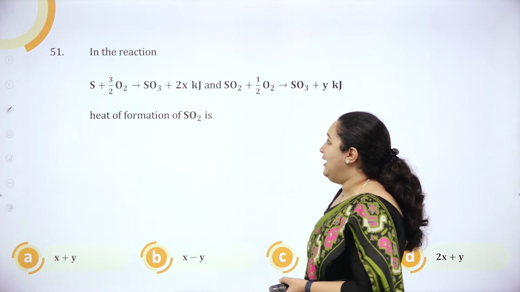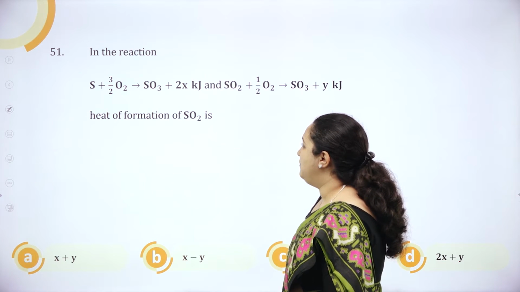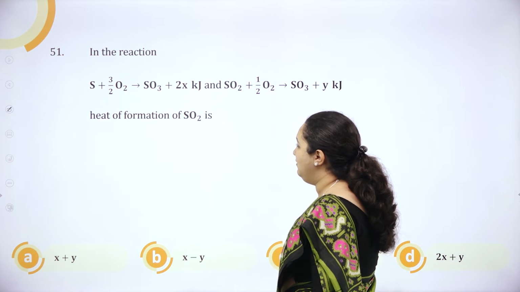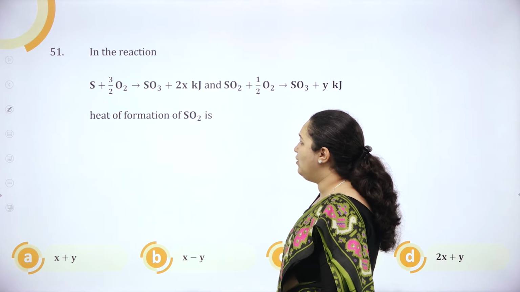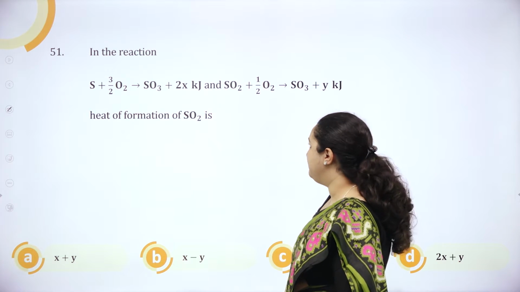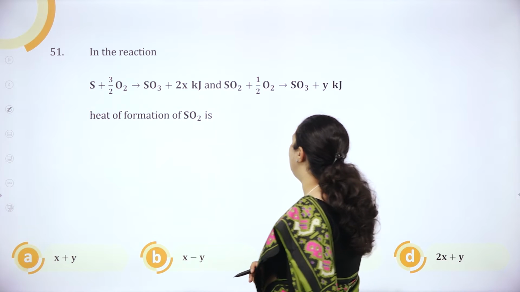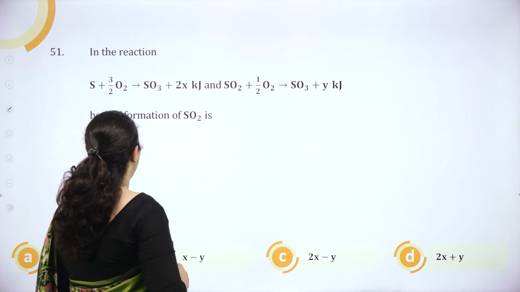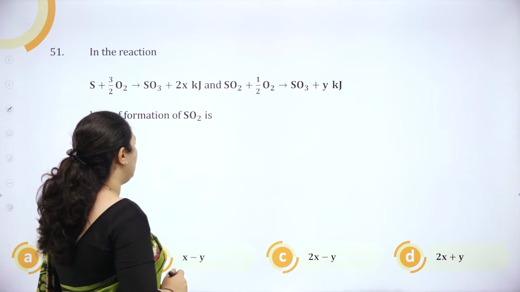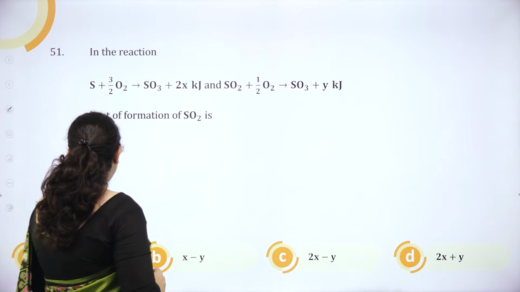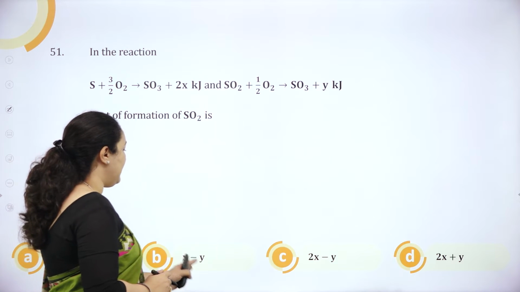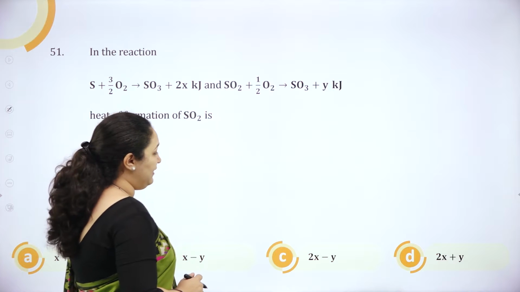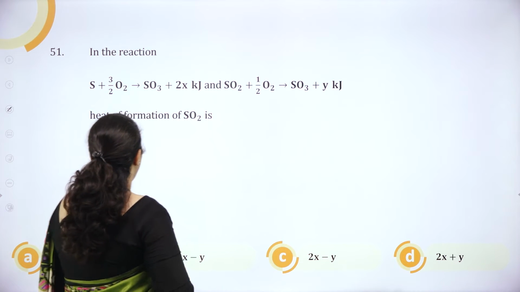Next question. In the reaction, sulfur plus 3/2 O2 gives SO3 and 2x kilojoules is liberated. SO2 plus half O2 gives SO3 and y kilojoules is liberated. Heat of formation of SO2 is what they are asking. Option A is x plus y, x minus y, 2x minus y, 2x plus y. So we'll just solve this and then we'll see which is the correct option.